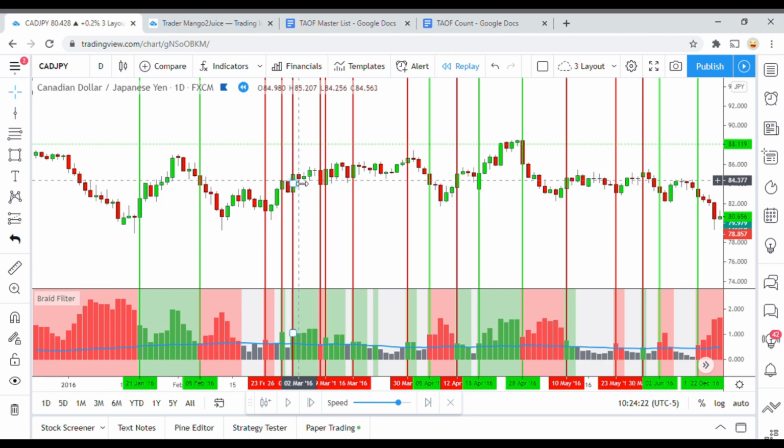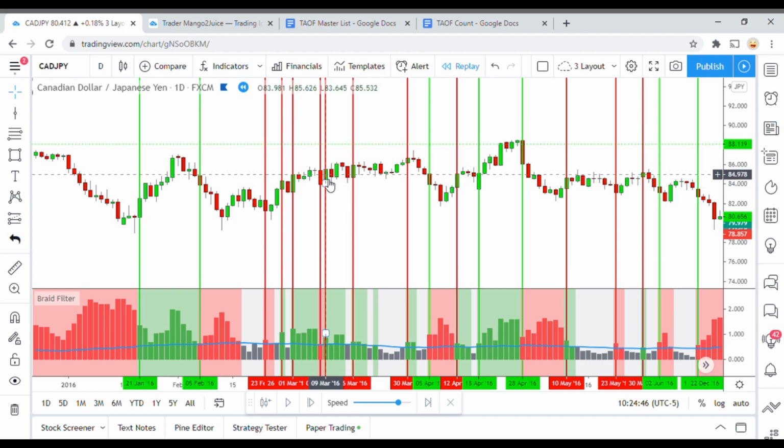And then here you can see that this one's a little bit different. It paints this red candle right here, but it doesn't actually have the pullback until over here. But then on the next candle, it gives another long signal, and as soon as it does, big red, almost engulfing red candle.